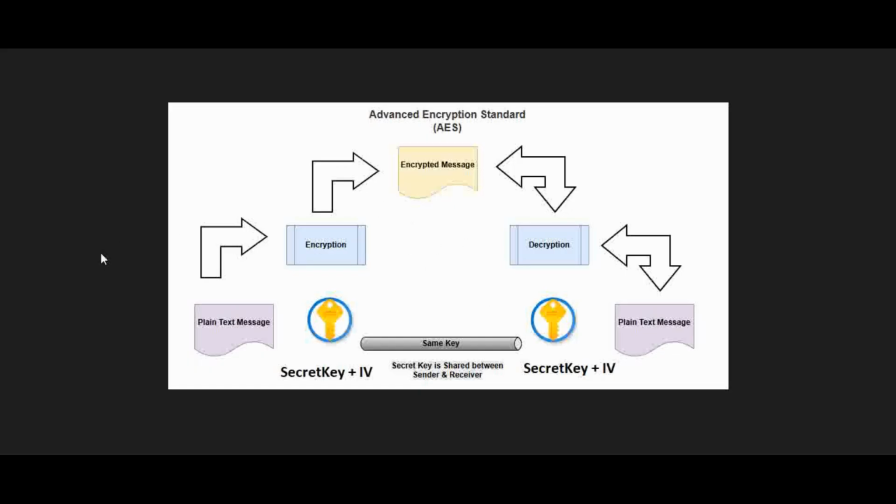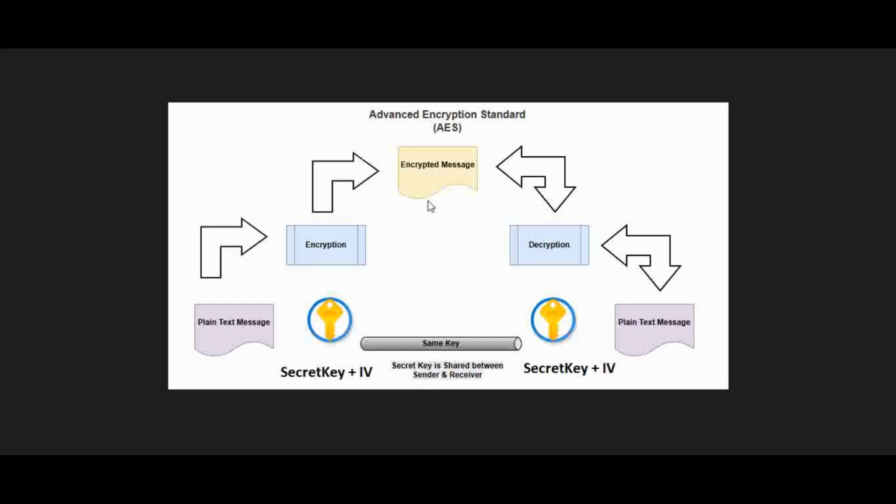Here the encryption is based on the same key, that is a symmetric approach. In the previous classes we saw an asymmetric approach, where sender and receiver have two keys, private and public, right?